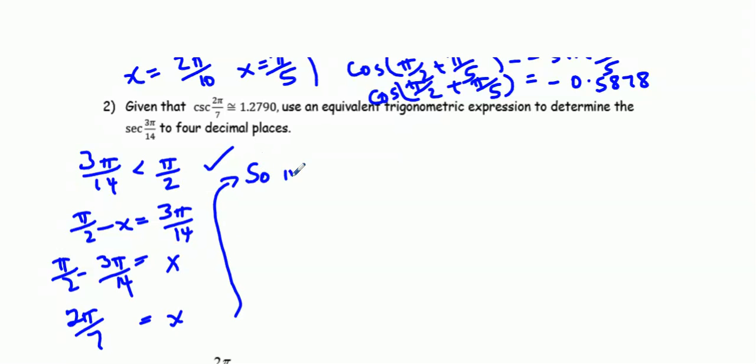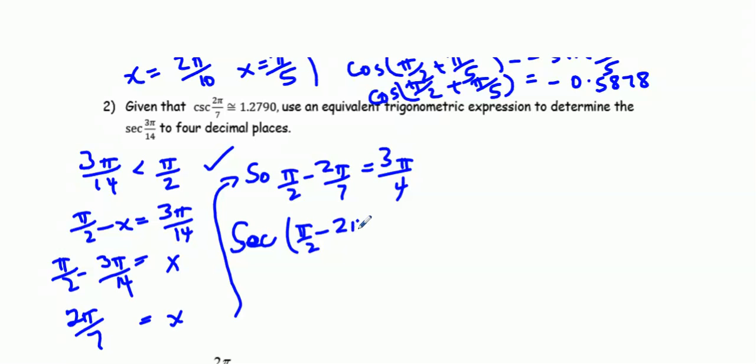Then we're going to say, so pi by 2 minus 2 pi by 7 is equal to 3 pi by 14. And then we would say it's not cos, it's the secant, this one, of pi by 2 minus 2 pi by 7 is going to equal the secant of 3 pi by 14.